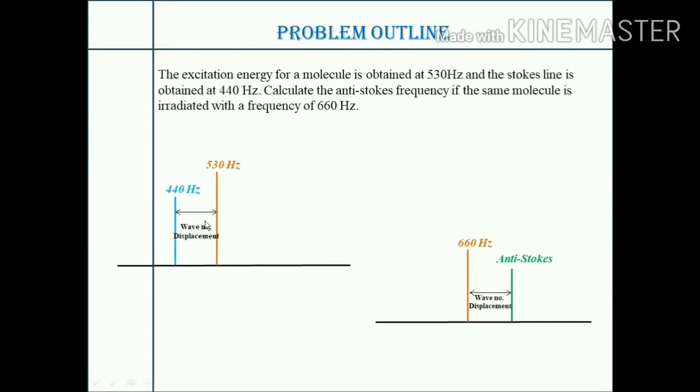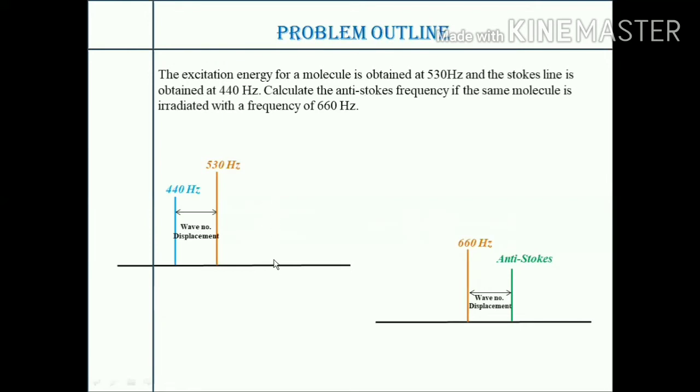I told you earlier, this gap between the Rayleigh scattering and the Stokes line is also called the wave number displacement, or it gives us the value of delta E. And we also mentioned in our last slide that this delta E value will remain constant, and will be the same for the difference between the Rayleigh scattering and the anti-Stokes line if I draw it to the right.